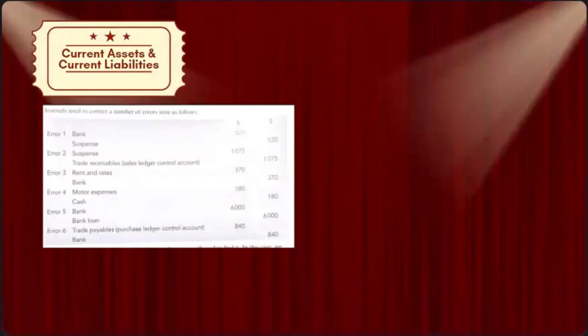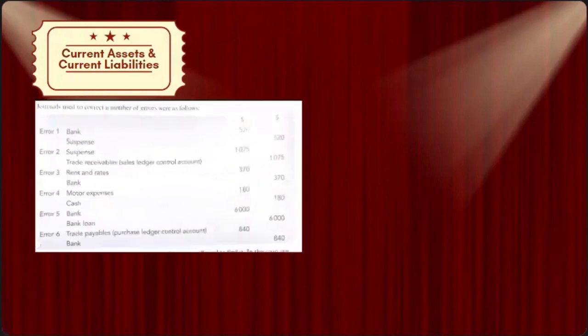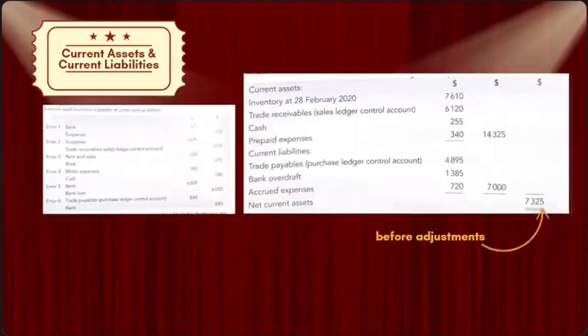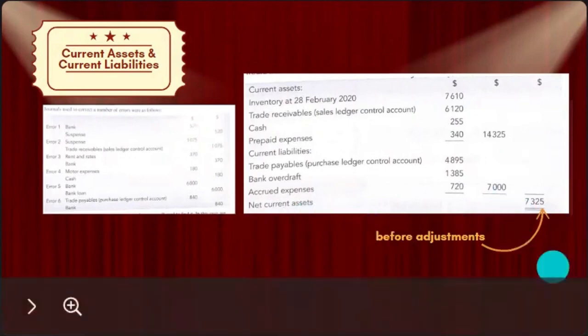Next is correction of current assets and current liabilities. Here is given the correction journal. With the journal given, we can start making the original list of current assets and liabilities to get the net current assets before adjustments are made, which is shown here.